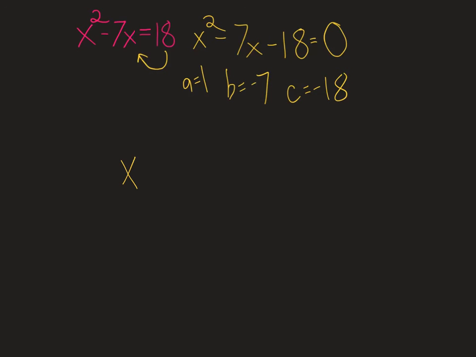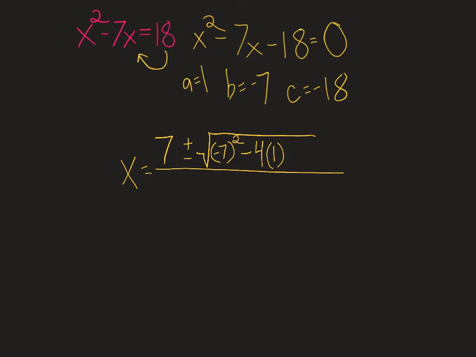Let's plug it in. -b, that makes +7, plus or minus square root b squared, so the -7 is squared. Minus 4 times a times 1 times the c, -18. All over 2 times a, which is just the 1.